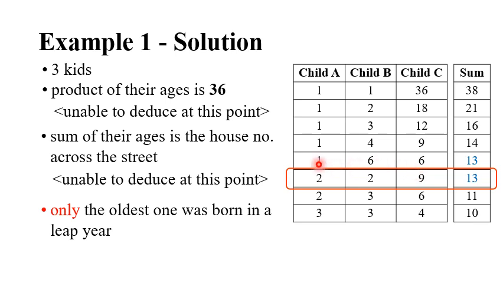The other one, 6, 6, is not the correct combination because I have two people sharing the same age, which violates the last condition. So the answer is 2, 2, and 9 years, respectively. Did you get the correct answers?